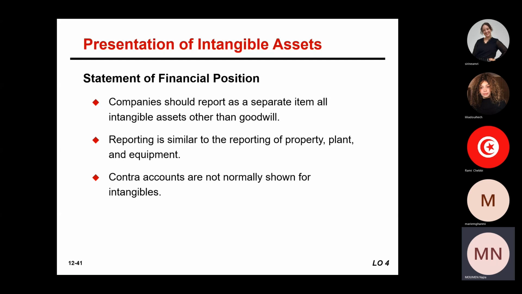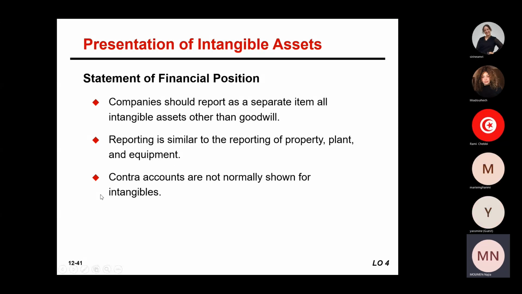So, for example, if we have patents, copyrights, franchise, license, or whatever, we should report them in a separate way. And in addition, goodwill should also be reported separately. Okay.